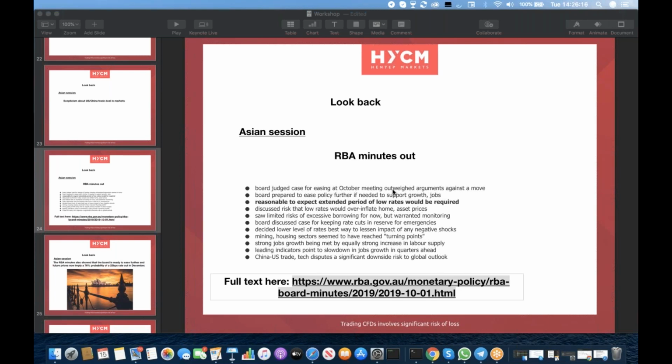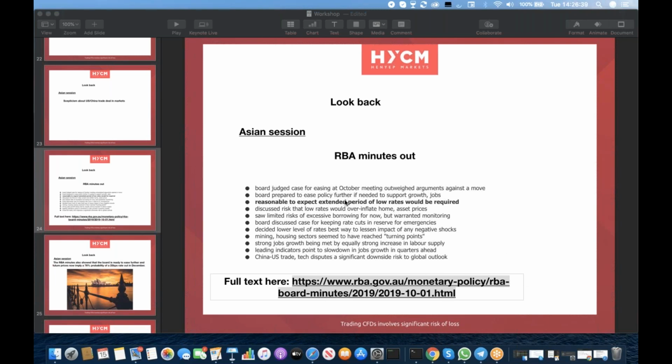You get a good indication of different issues affecting not only the Australian central bank, but other central banks around the world. So it can be a really helpful discipline. I've given you those minutes if you want to take a look at some stage.